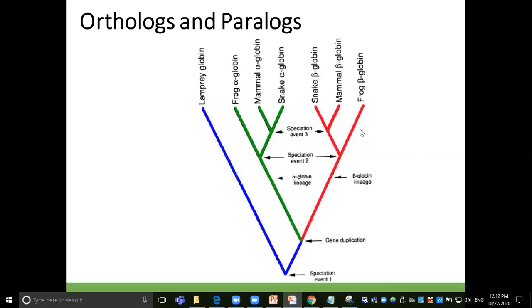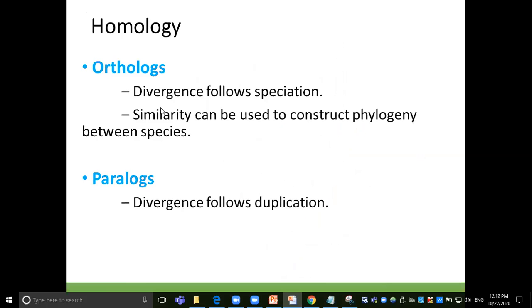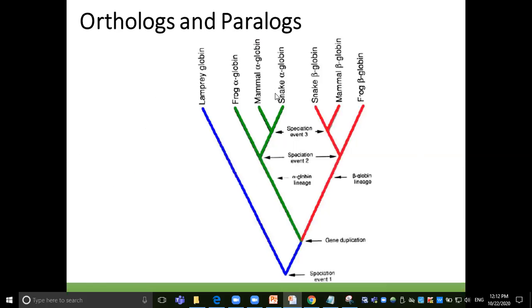Here at this corner you have one gene, beta globin, and on this side you have one gene which is alpha globin. These two types, you can see divergence which follows speciation is called orthologs. So these are called orthologs, frog alpha globin and snake alpha globin, where speciation happens.